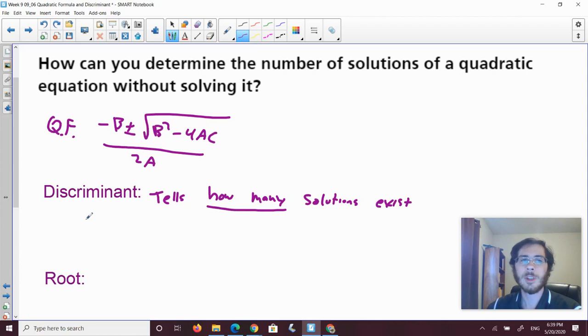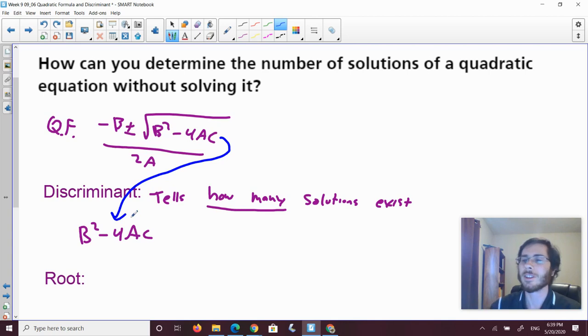The discriminant formula is b squared minus 4ac. That might look familiar because it's kind of the same inside part as the quadratic formula. So that's kind of cool. So it looks like we just have another formula that comes from one of our formulas. So why would that be helpful? Well, it tells us how many roots we have. So a root's just another word for a solution of the quadratic.